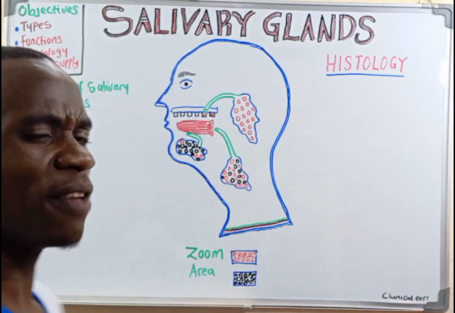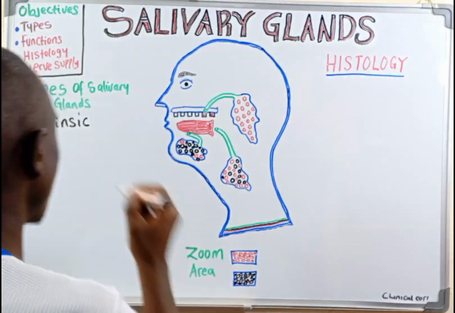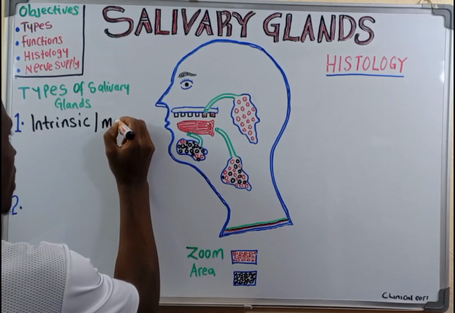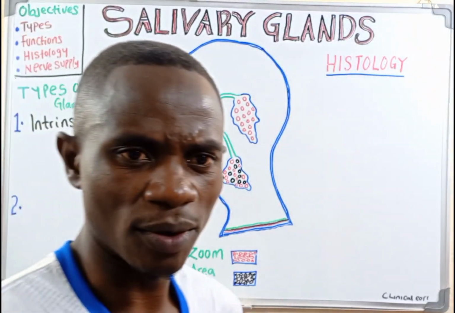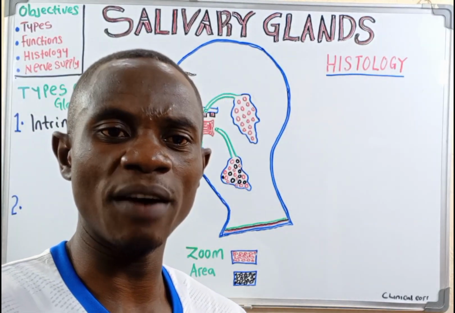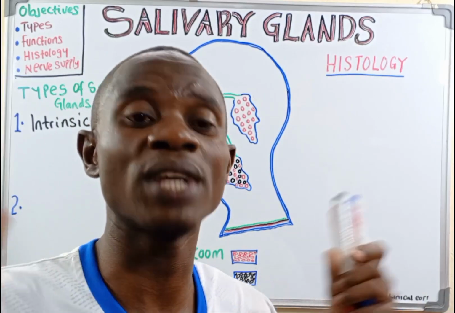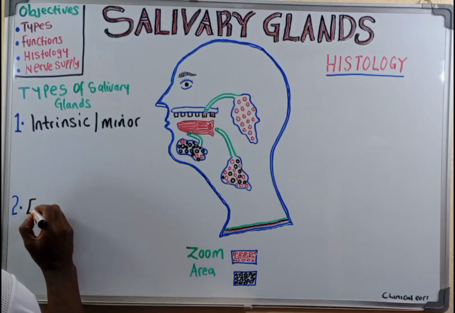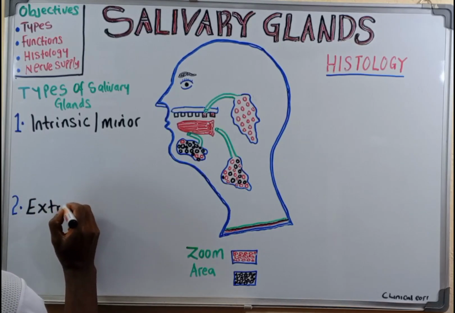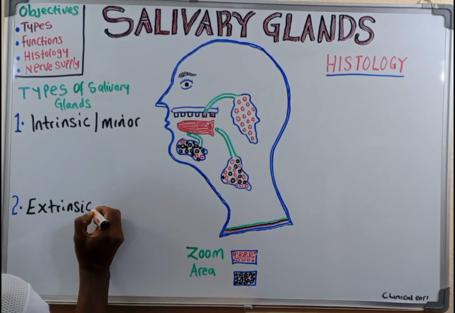Intrinsic salivary glands. You may even find some other sources calling them minor salivary glands. And of course, we also have those salivary glands outside the oral cavity. Those are called extrinsic.